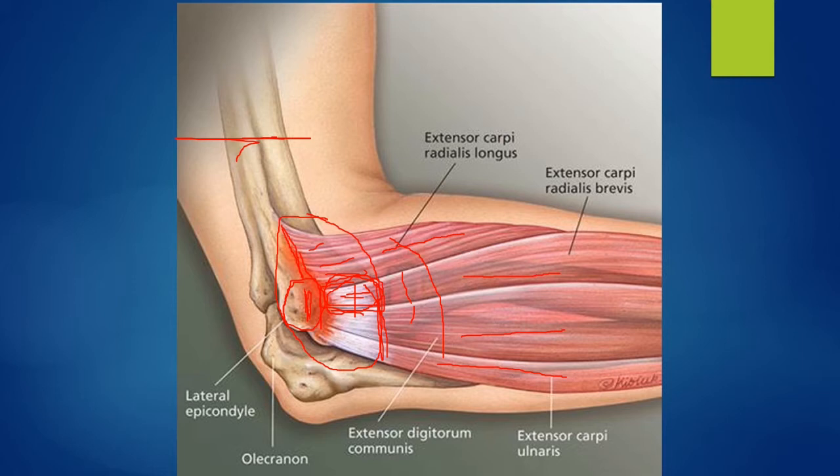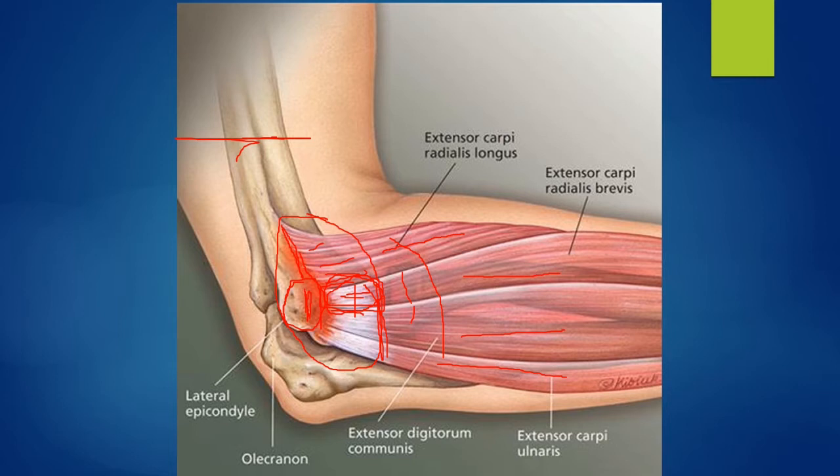And then all of them continue down into the forearm, cross the wrist, and attach across the wrist onto the hand. So these muscles act and operate at both the elbow joint and the wrist joint.